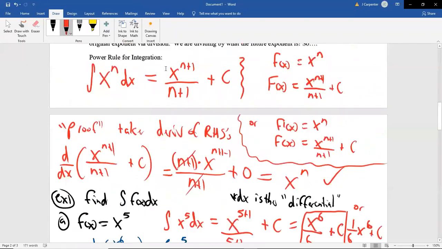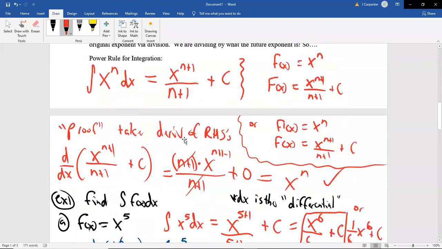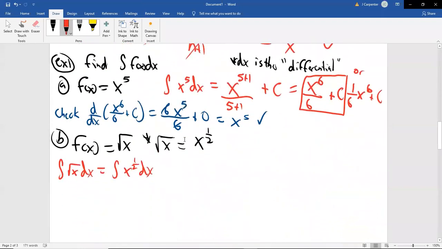Remember, the power rule just basically says add 1 to the exponent and divide by that same new value. The exponent is originally 1/2, so maybe you need to say, well, what is 1/2 plus 1? Because that's what's going to be coming up. We have to take that 1/2 and add 1 to it, divide by the same value, but don't forget to add the constant.